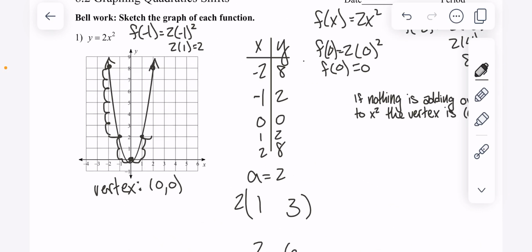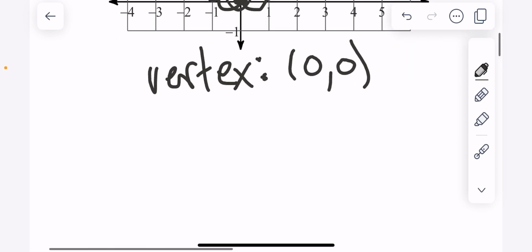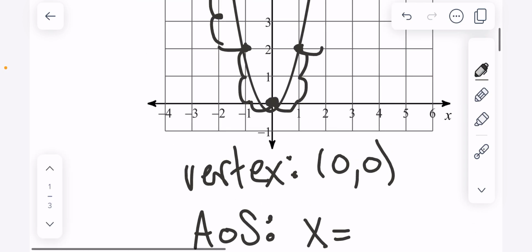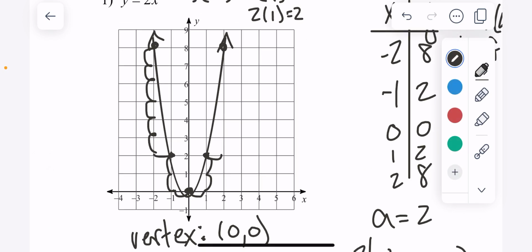This one wasn't asking for the axis of symmetry, but I know on your homework it was. So let's just write it out. I like to denote axis of symmetry as AOS. Axis of symmetry is always in the form x equals, because the axis of symmetry is a line that goes through the vertex, and it's a vertical line.